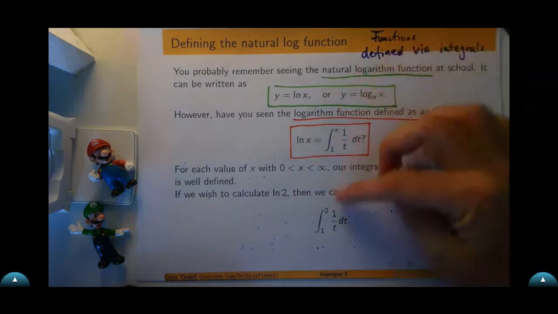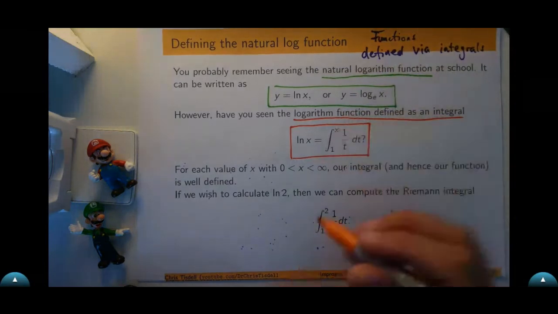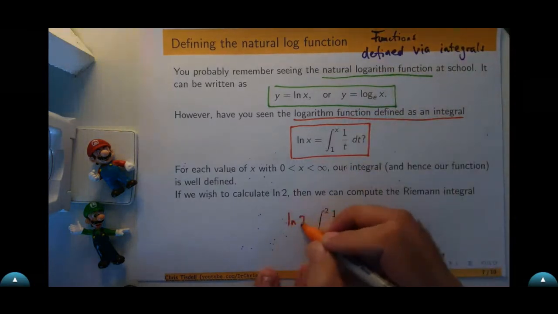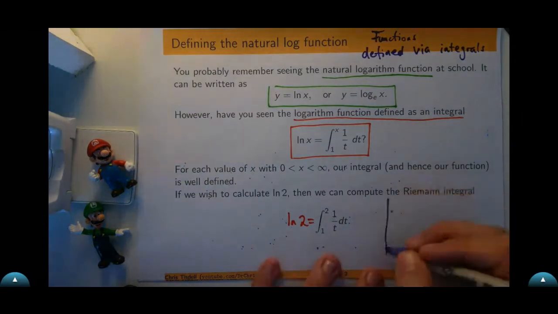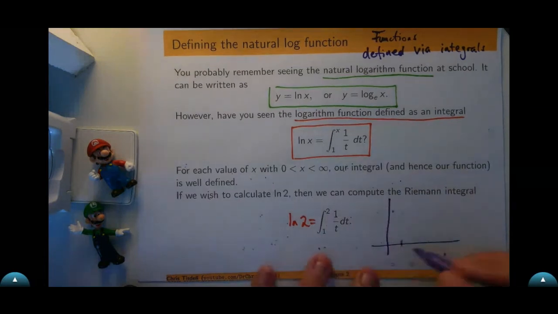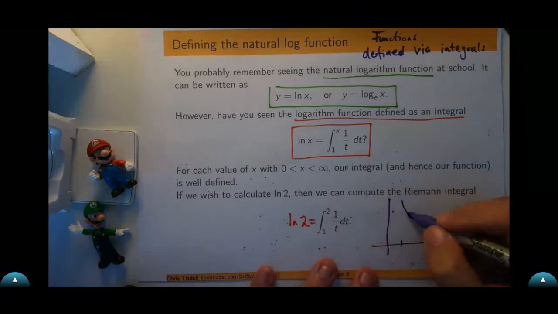Okay, so what if we put in, say, x equals 2? This is the value of the natural logarithm of 2. So what does that mean? Well, I've got my function, I can draw the graph of 1 on t.